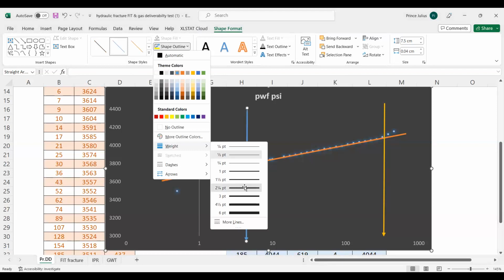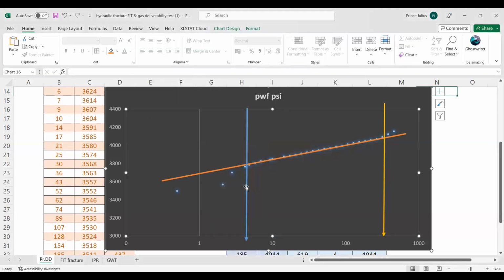So you have area before blue, in between blue and yellow, and after yellow. So after yellow is your pseudo steady state flow. In between this period is your transient flow period. And the starting period is your skin and wellbore damage effect. So these are the three phases that we can identify.